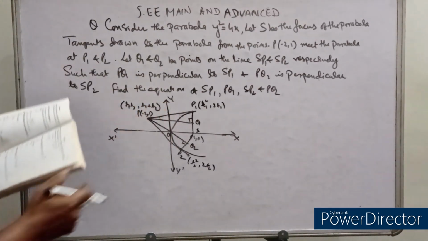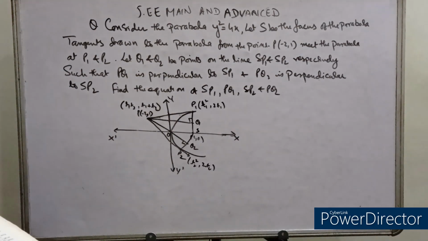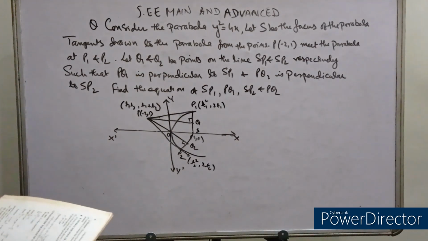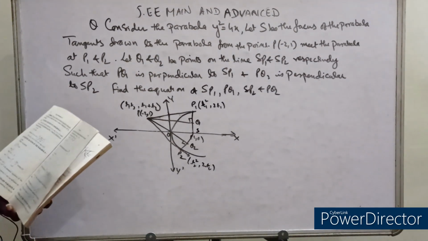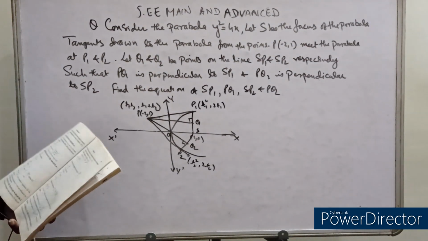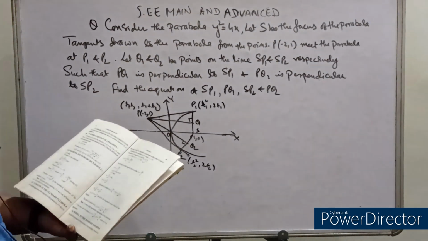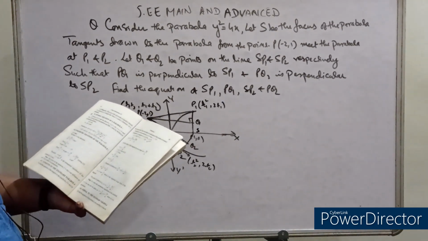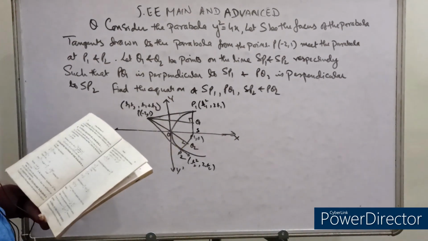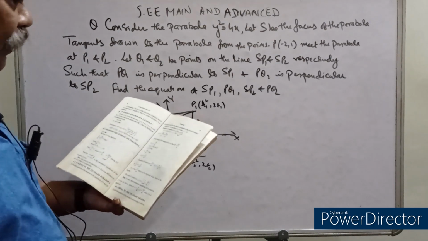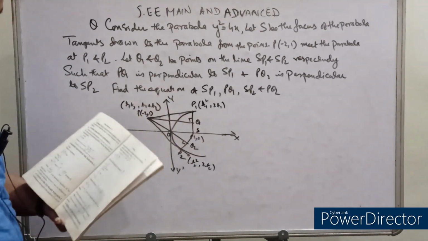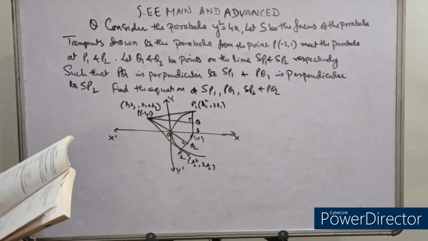So why have I written these points? Now the main question in your mind is why I have written these points. This can be solved by the parametric equation of a parabola. I am giving you the whole theory about this.